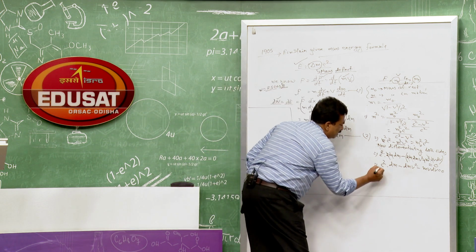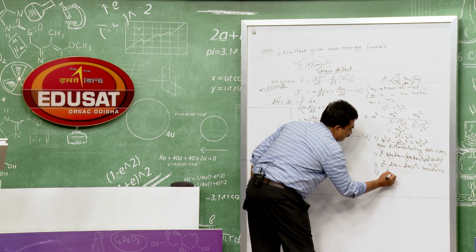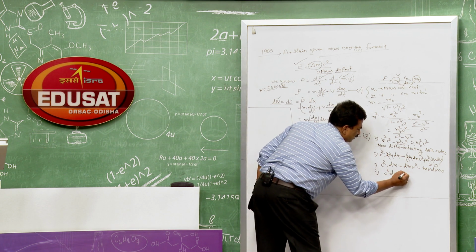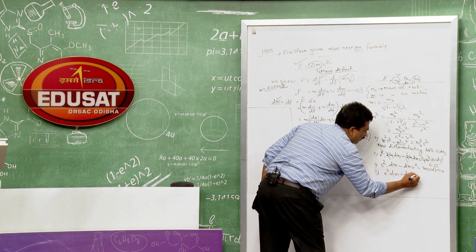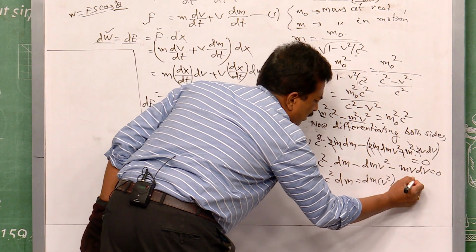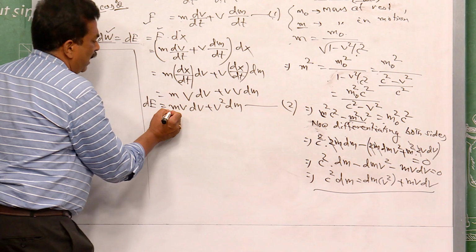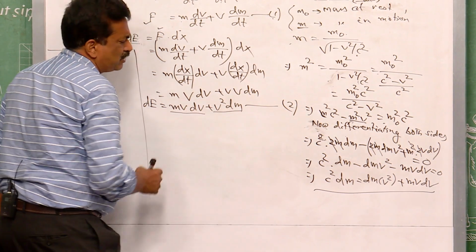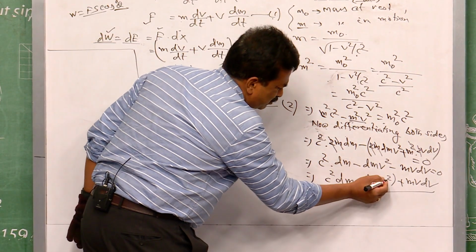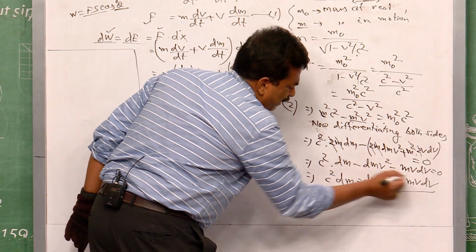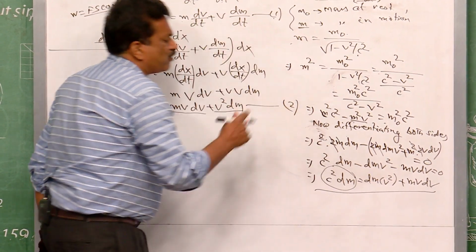This implies c square dm is equal to dm of v square plus mv dv. You see, mv dv plus v square dm equals c square dm.